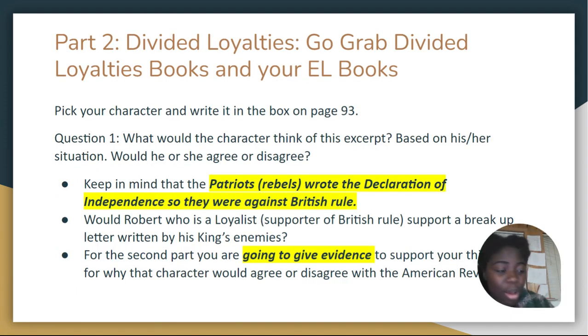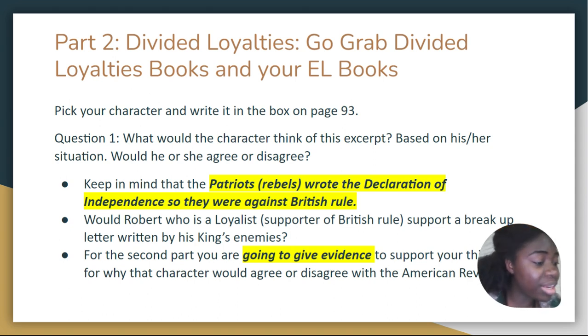Okay, awesome. So hopefully that went well. Now we are going to move on to part two. Okay, so go ahead and flip to page 93. You should see a chart. Okay, part two, it says choose one character in Divided Loyalties. You can choose Robert, William, Mary, or Abigail.